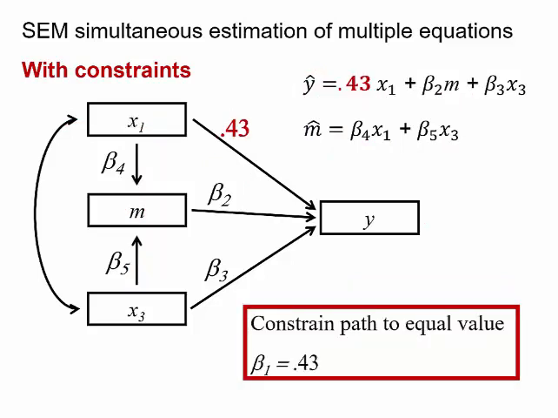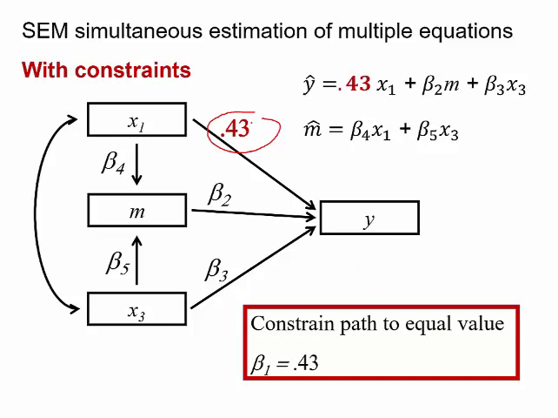Now, this would be somewhat of an unusual situation, but if I ever needed to, I could constrain a path to be any value I wanted. Maybe for some reason I wanted to constrain this pathway to be 0.43. For example, maybe someone else did a study and found that pathway was 0.43, and I wanted to run my model under the assumption that their results were correct and see how that fits in my situation.